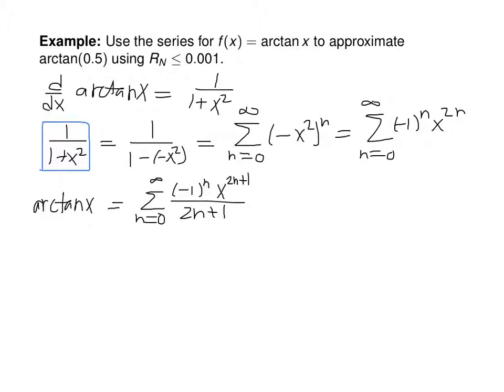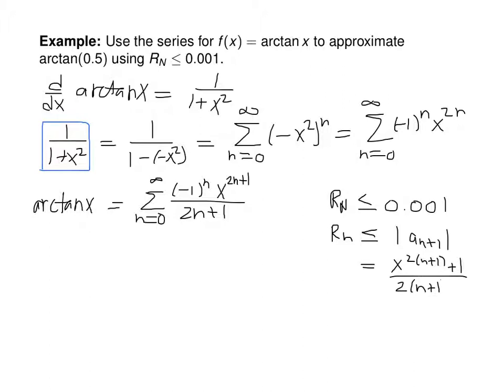Now we need to find an n such that the remainder is less than 0.001. So we need r sub n to be less than or equal to 0.001. We know that r sub n is less than or equal to the absolute value of the n plus first term, and that n plus first term is x to the 2 times n plus 1 all over 2 times n plus 1, or x to the 2n plus 3 over 2n plus 3.